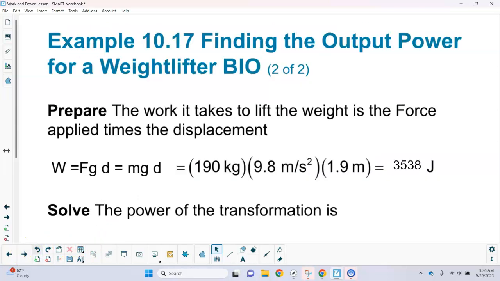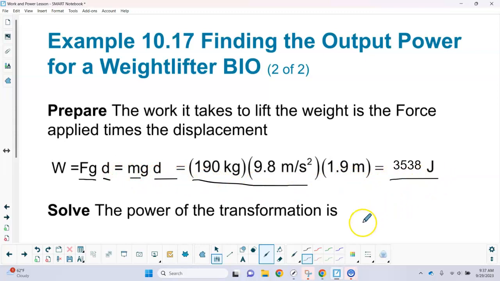So going through this example, the work again is going to be F D cosine theta. They're overcoming the force of gravity to lift something, and the displacement is D. So mg, which would be 190 times 9.8. D is the 1.9 meters. So when you do that, they do 3,538 joules of work.